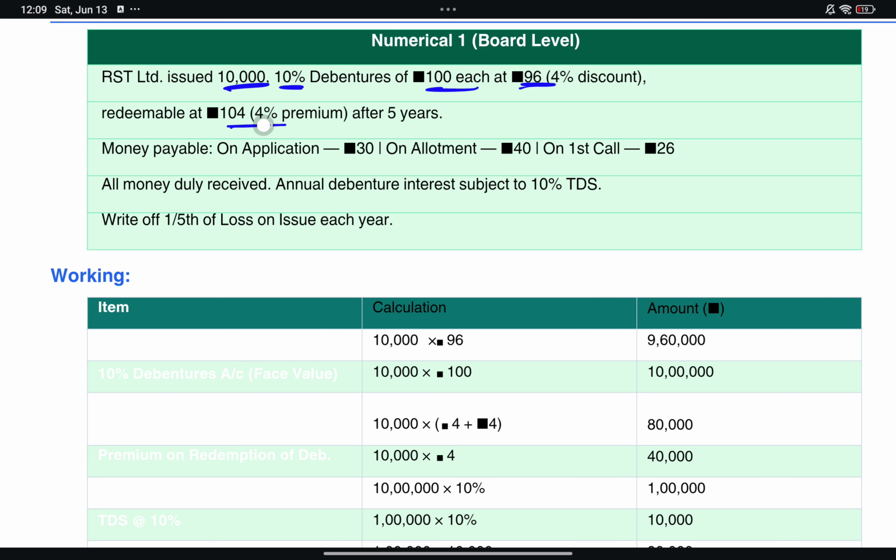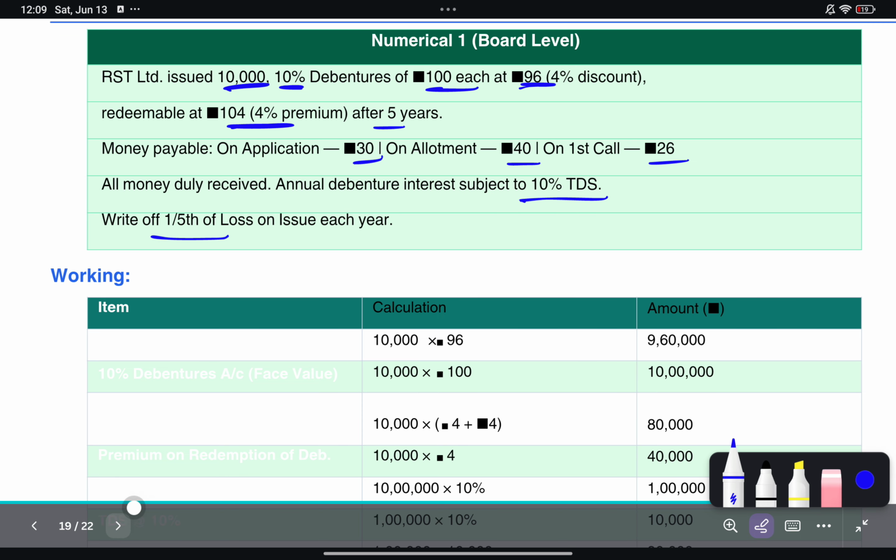Redeemable at 4% premium after 5 years. Money payable will be 30 on application, 40 on allotment, first call 26. All money duly received. TDS is 10%. We have to write off annually 1/5 of the total loss. Okay, let's start this numerical.